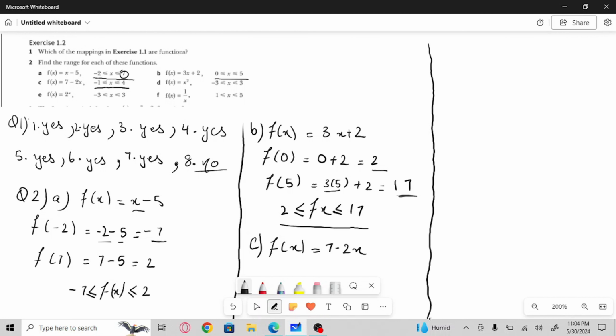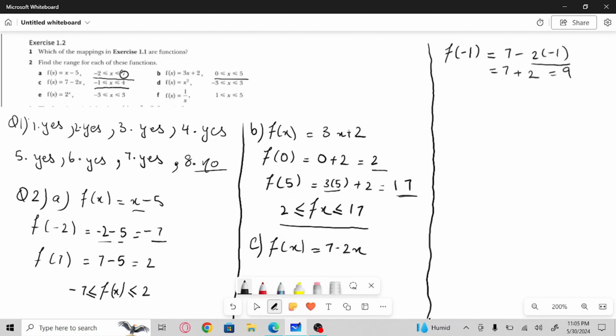So again, inputting the lowest value, we input the value of -1 instead of x, so we will get the function 7 minus 2 multiplied by -1. This will be equal to 7 plus 2, which is equal to 9. It will become plus 2 because 2 multiplied by -1 is -2, but 7 minus -2 will become positive 2.